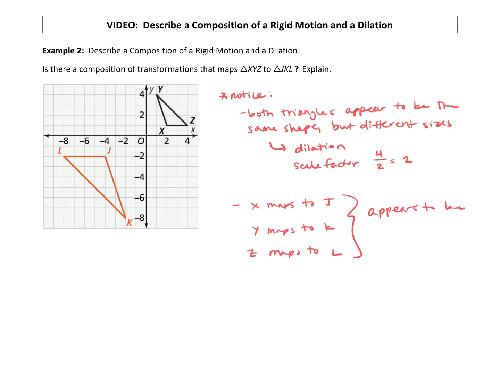So it appears to be a 180 degree rotation. It can be hard to visualize that, so I'm going to insert a quick video just to show you how we dilate and then do a 180 degree rotation to get this pre-image mapped onto this image.